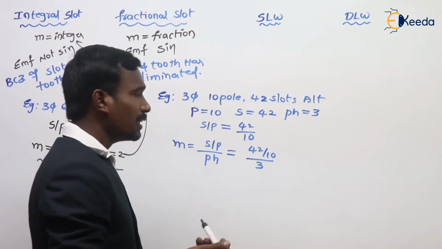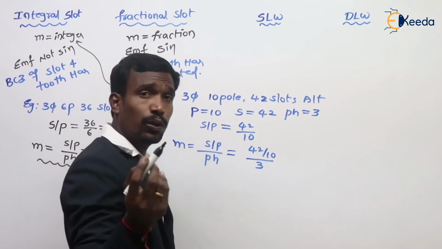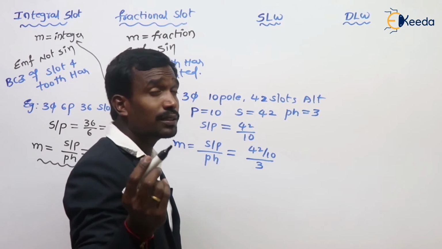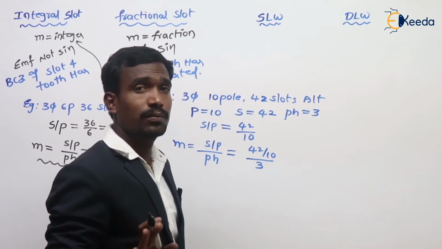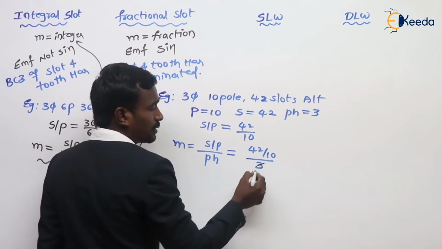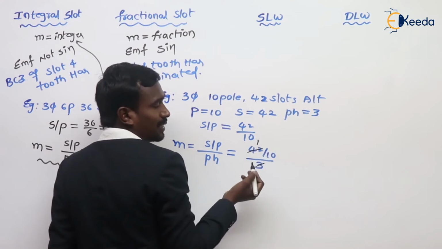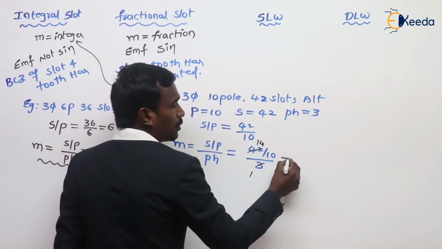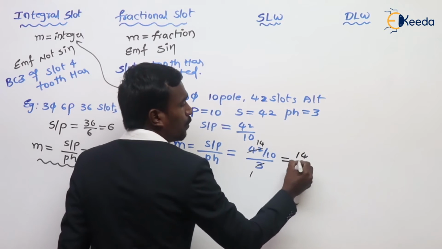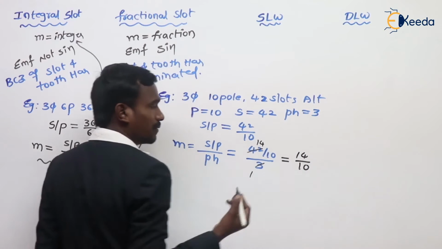Listen carefully how I am going to solve this problem. You have to do the same, otherwise you can get the wrong answer. So 3 ones are 3, 3 fours are 12, and m is equal to 14 by 10.